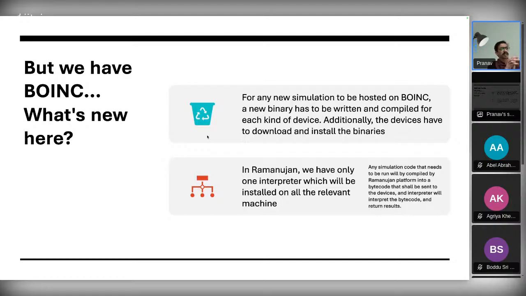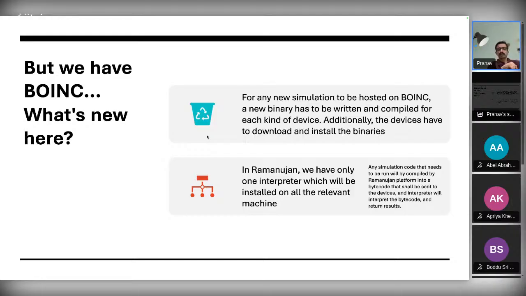So that's where the difference comes in with Ramanujan. The idea is that we have just one interpreter, a binary, and that interpreter is going to be installed on all the relevant devices which can donate their compute power. Any simulation which anyone submits gets translated to some bytecode which is understood by this interpreter.